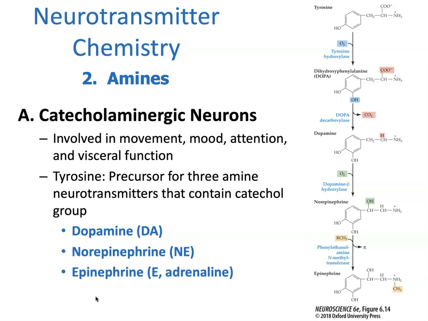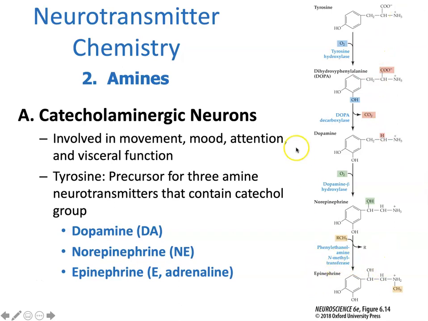In the case of catecholaminergic neurons, these are all neurotransmitters that have a common structure, and they are made from a precursor, which is tyrosine. The three neurotransmitters have as a part of their structure a catechol group, which is essentially a benzene ring with two hydroxyls and a side chain that contains an amino group.